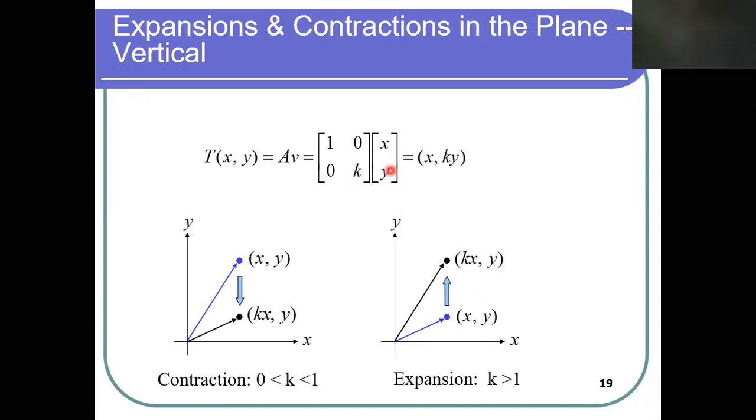When I apply this, if you have a point (x, y) and k is between 0 and 1, contraction will be performed. Your point from this position will be moved to this position, and ultimately the length will be contracted.